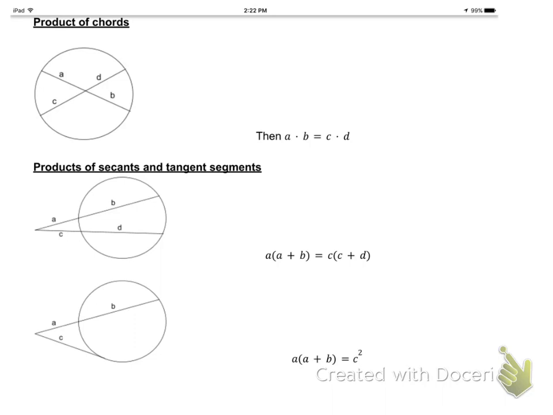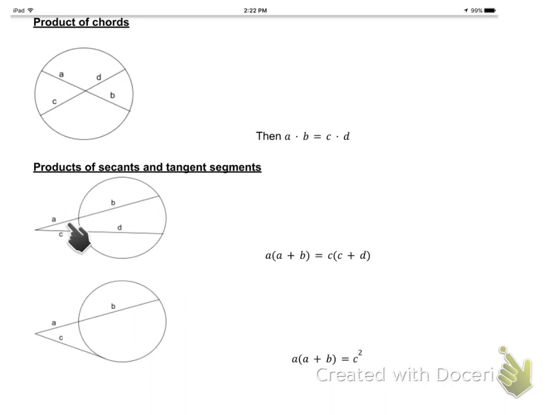We also have secants and tangent segments. Hey, look at that. I got two secants from a common point here, going through the circle. There's also a really cool, nifty thing that happens.